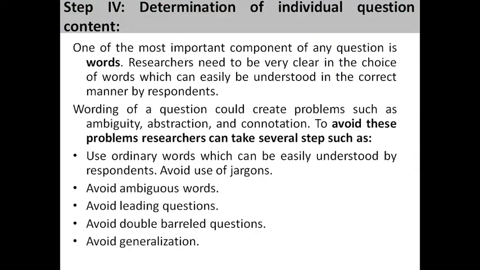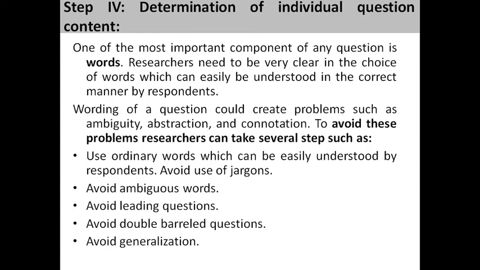Now in step 4, the researcher needs to determine the individual question content. One significant aspect is the wording. Researchers need to be very clear in the choice of words, which can easily be understood in the correct manner by respondents. Wording of a question could create problems such as ambiguity, abstraction, and connotation.